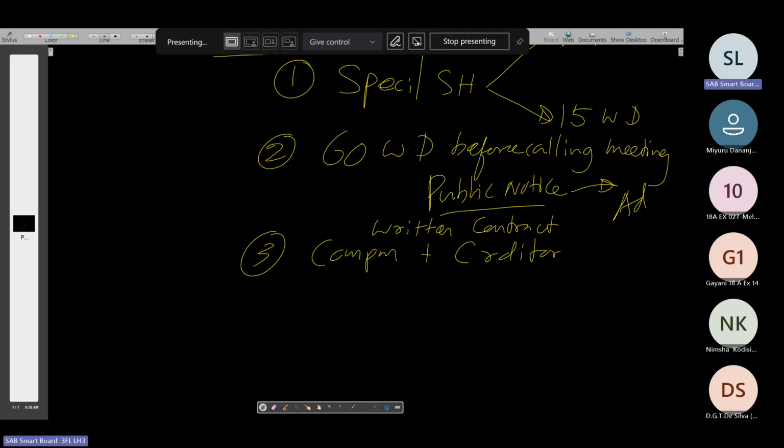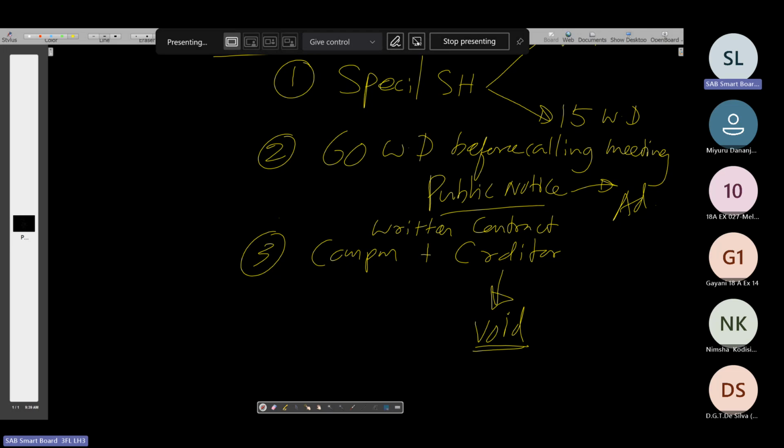If the company has violated these terms contained in the contract with the creditor, then such reduction is to be treated as void. The company cannot violate the provisions contained in this contract.